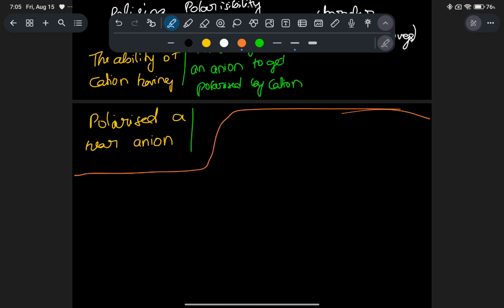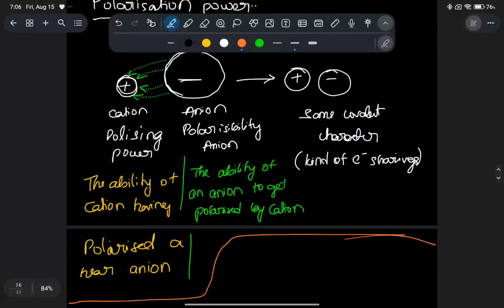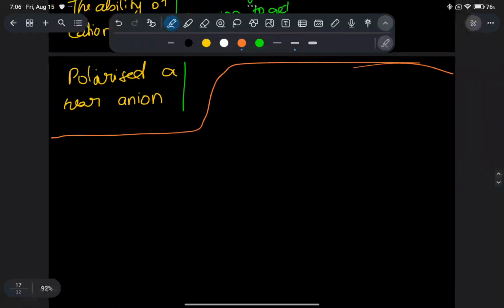The cation is polarizing the anion, meaning it is attracting the anion, and the anion is polarized by the cation. This is known as polarization power. After polarization, the cation and anion get some covalent character, so some electron sharing will be there.